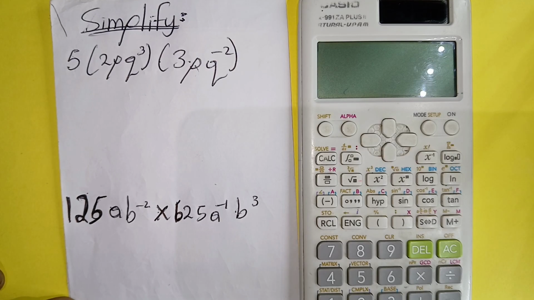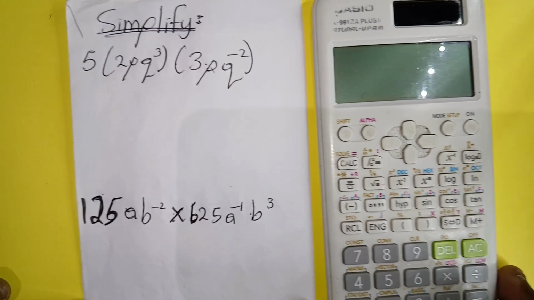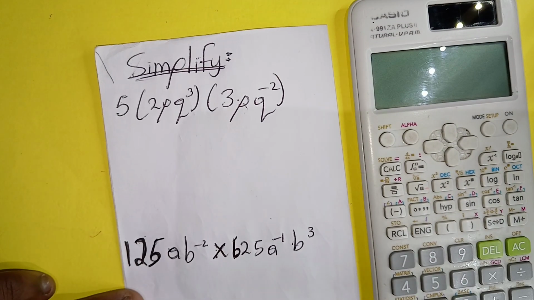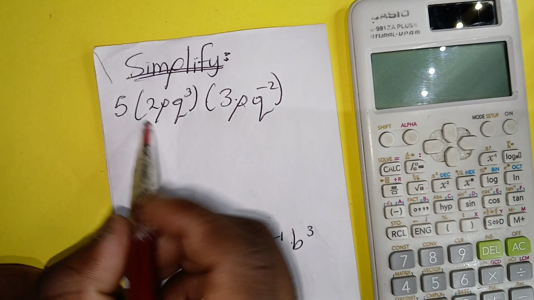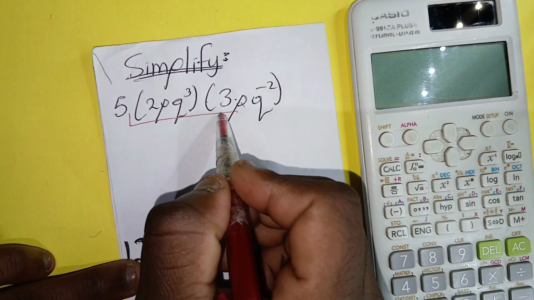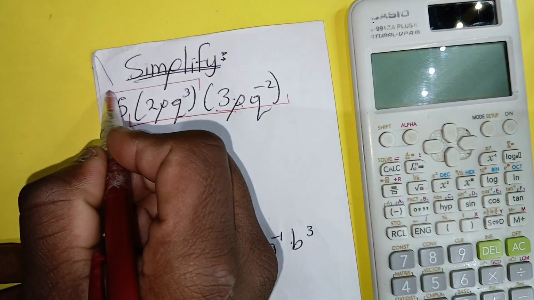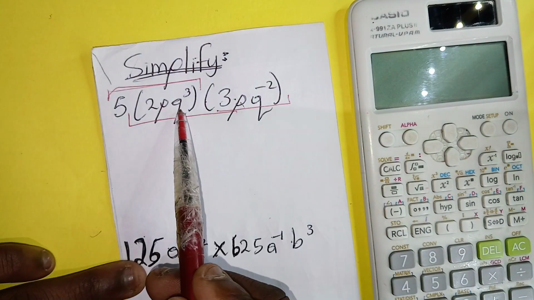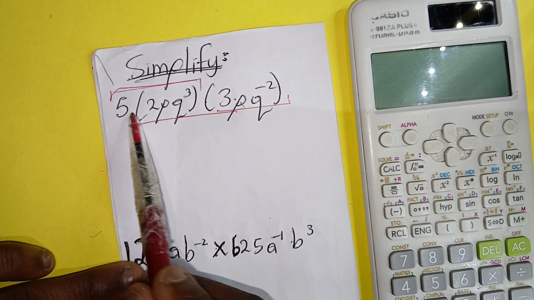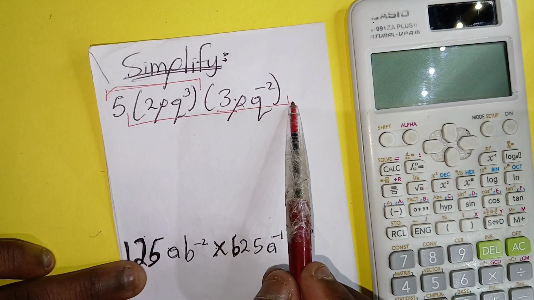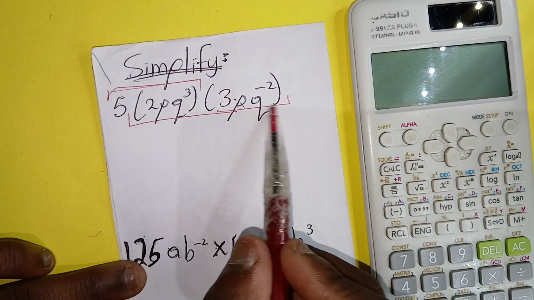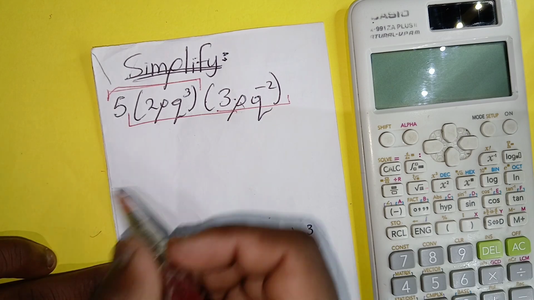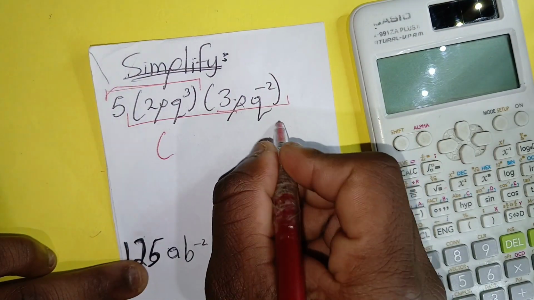So here's another question. Here we are simplifying by applying the first law. You can simplify it like this or like that: first combine this one, or first combine this one. So here I can just combine the ones inside the bracket, which will give me what?